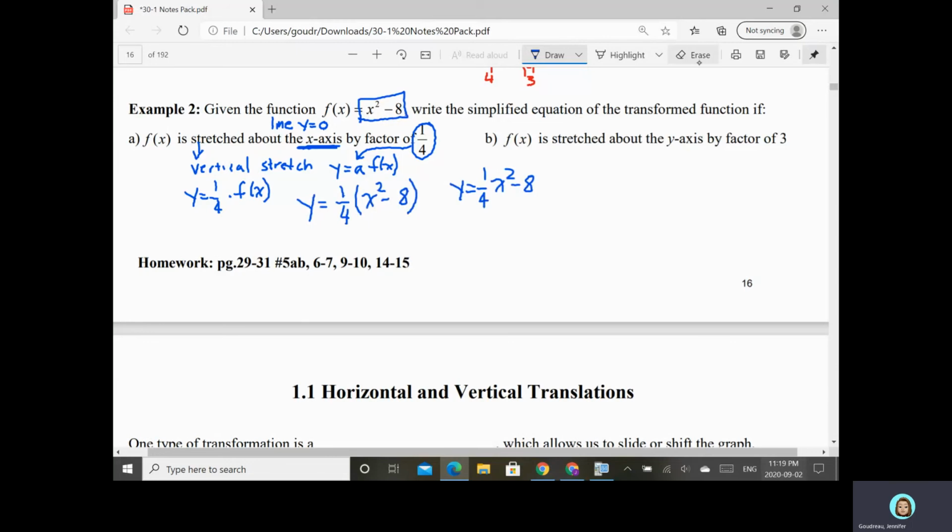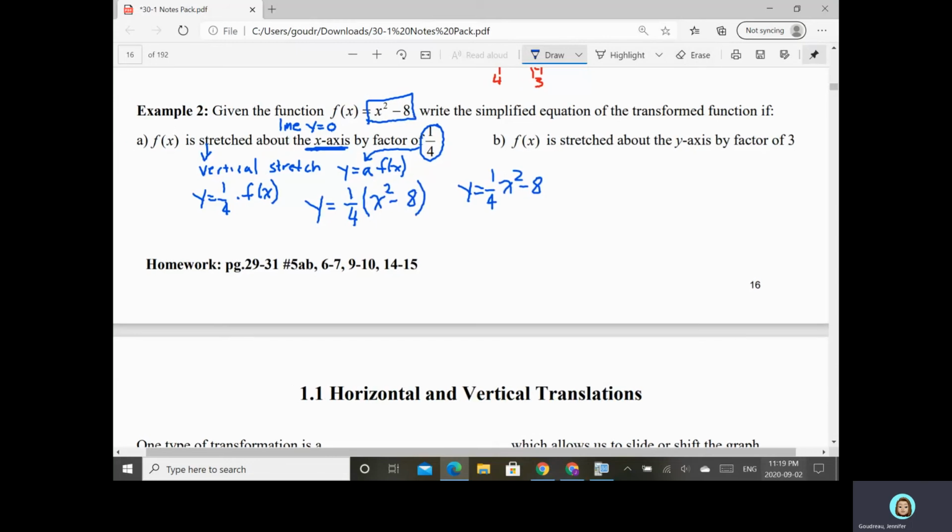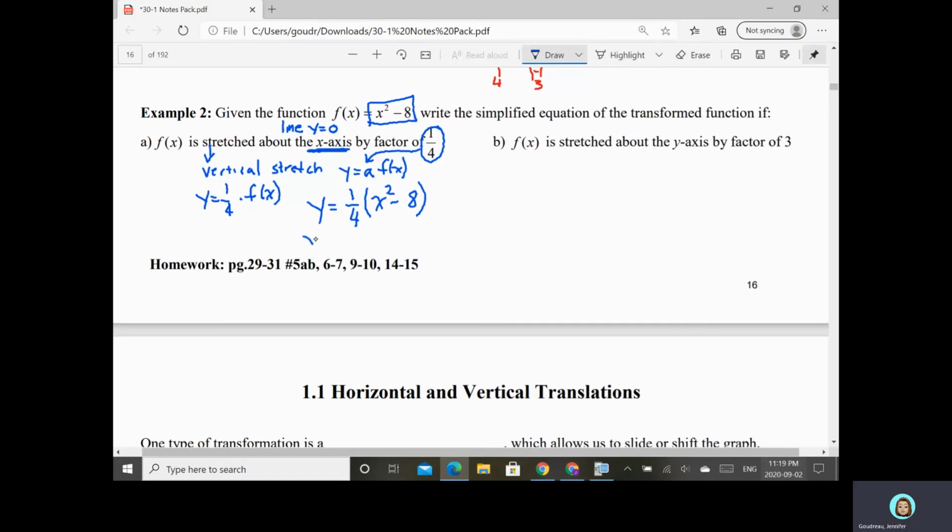So be very, very careful when you're dealing with a function that has more than one term. When we put that A value in front, it's going to affect them both. We can distribute that 1/4, and it becomes 1/4 x squared. 8 times 1/4 is 2. And there would be our transformed equation.